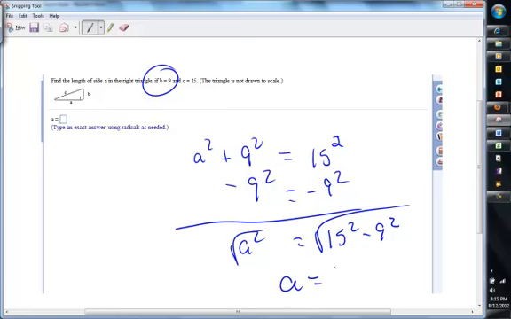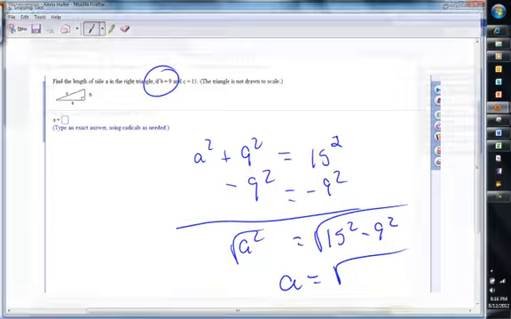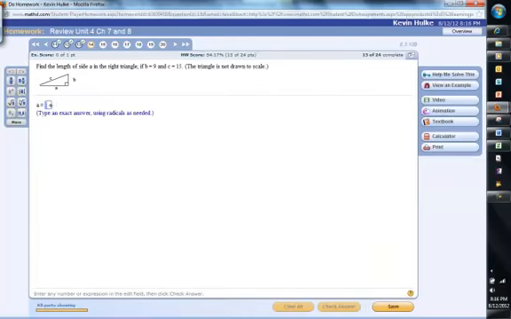A is, so let's press it on our calculator. Clear, square root 15 squared minus 9 squared is 12. So the A is 12.